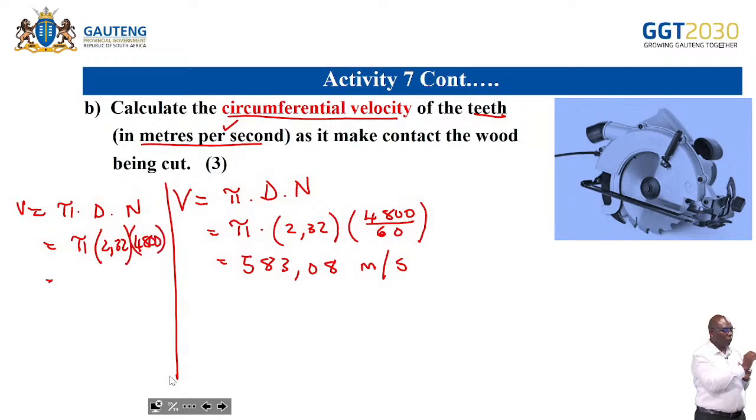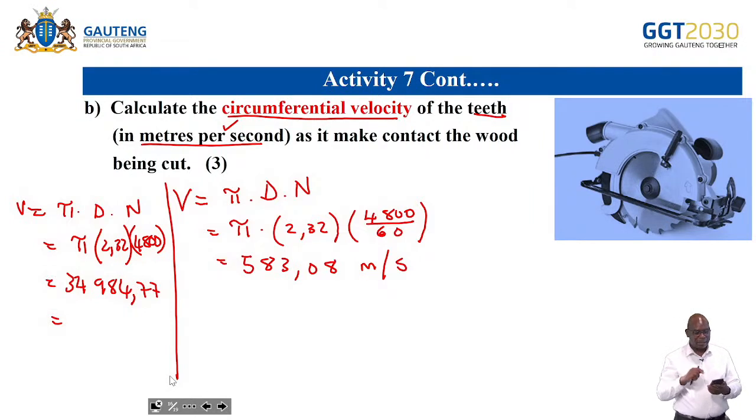Take my calculator, pi multiplied by 2.32 multiplied by 4,800, and the answer that I'm going to get here is 34,984.77. Then from there I can say that answer must be divided by 60.